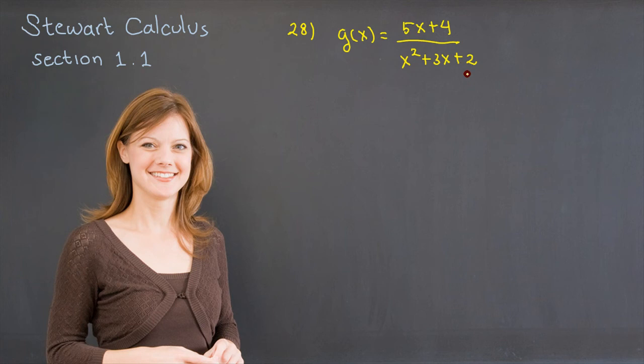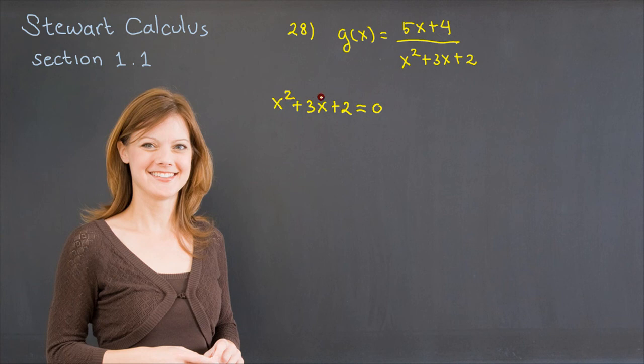So let us try to find out for which x the denominator equals 0. So the denominator equals 0. We want to find x such that this equation holds true. So basically we want to solve this equation.